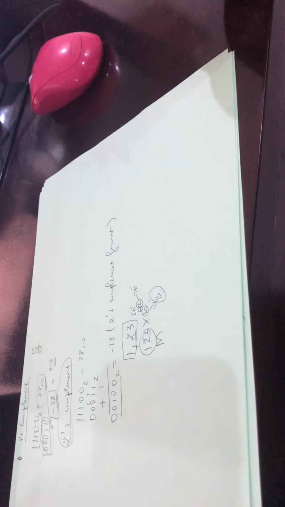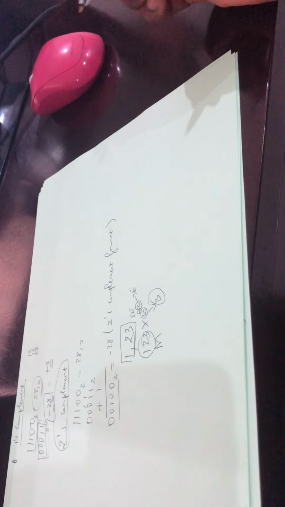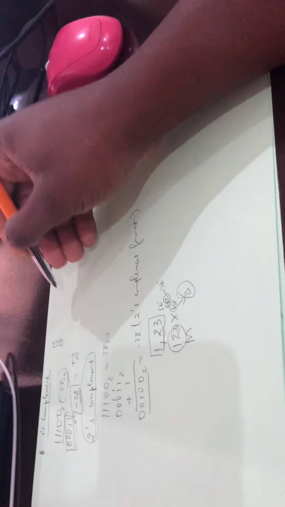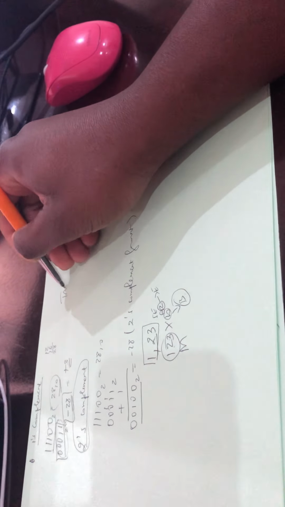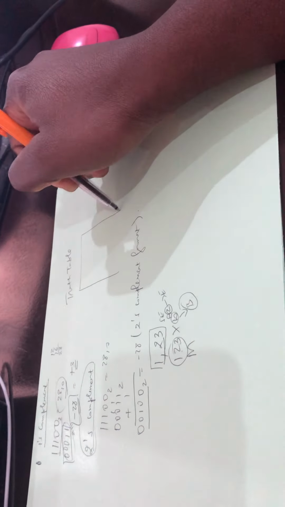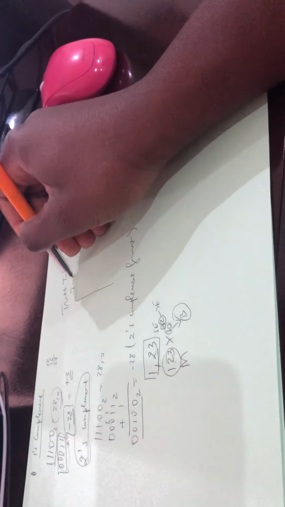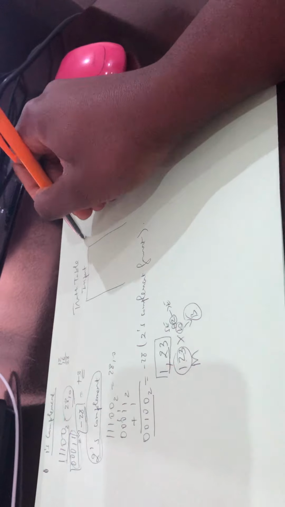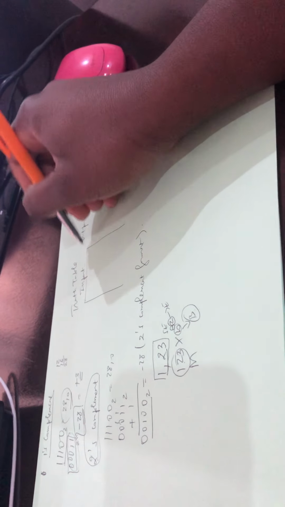The other tool that is very important in the analysis of a logic function is what we call a truth table. A truth table is a table that on one side has inputs, one or more, and on the other side has outputs, one or more.